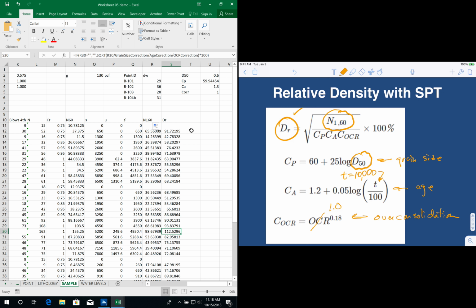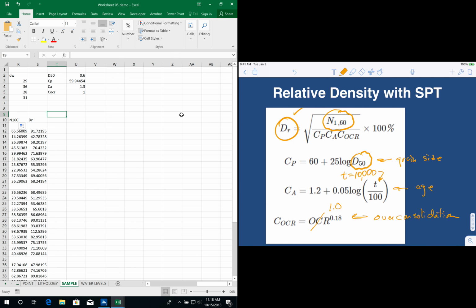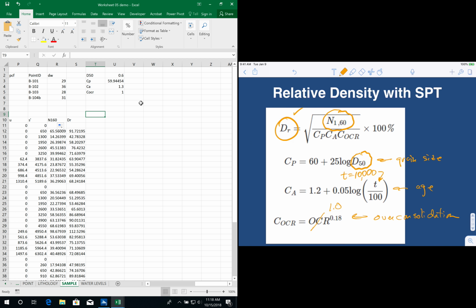So we have our relative density. And then we could go through and determine what the verbal descriptor was for each one of those as well.